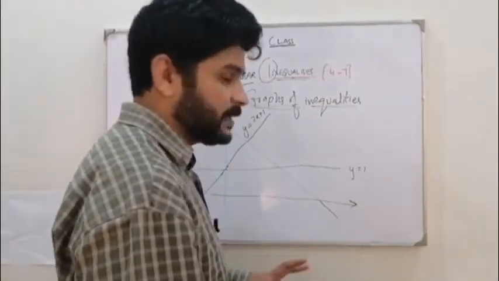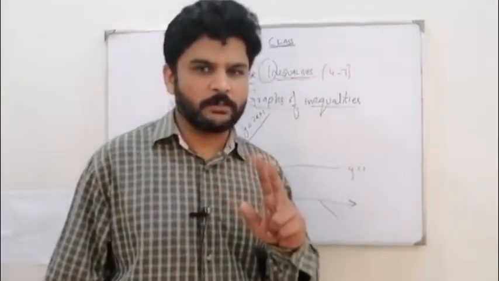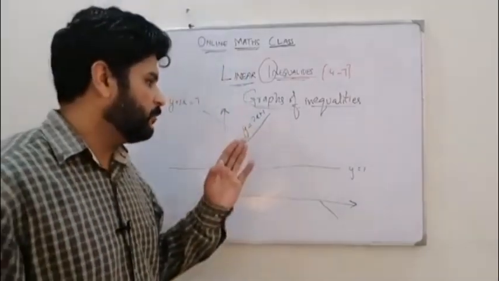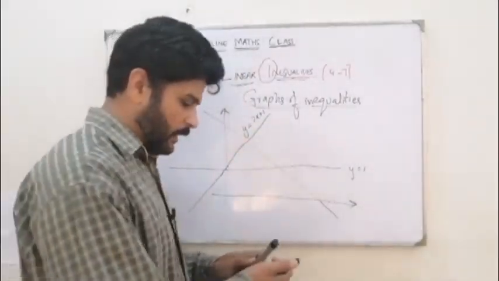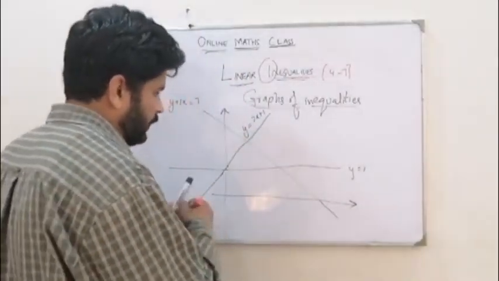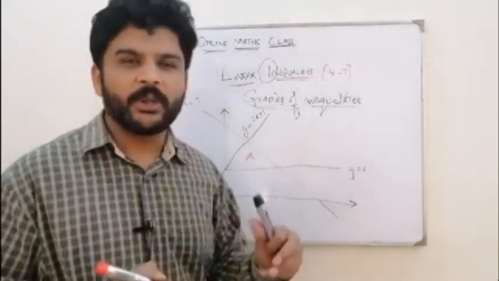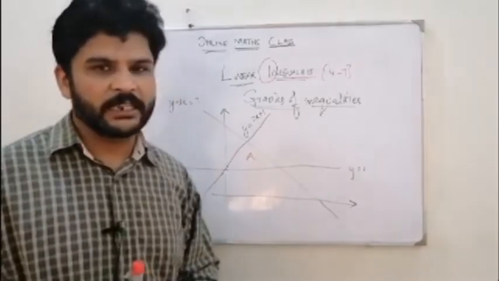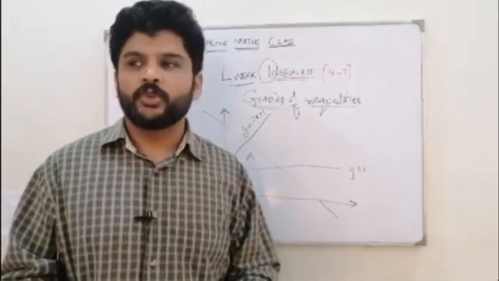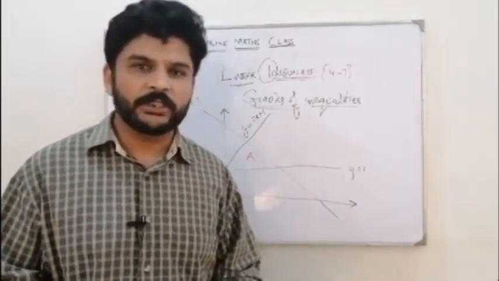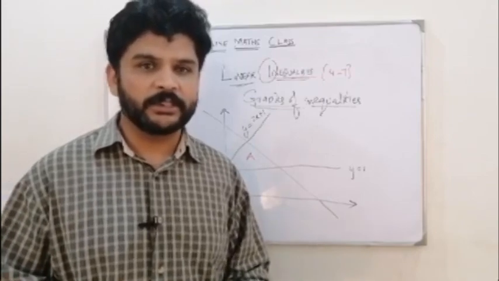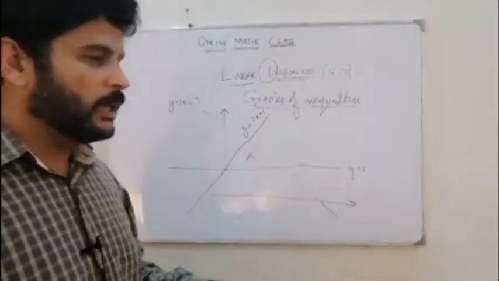For example, there are two types of questions he can put up. One is he can give you a shaded region like this triangle, and he says write down 3 inequalities that represent this shaded triangle, right? So let's see how you can do that.